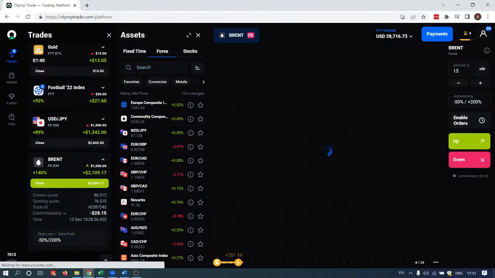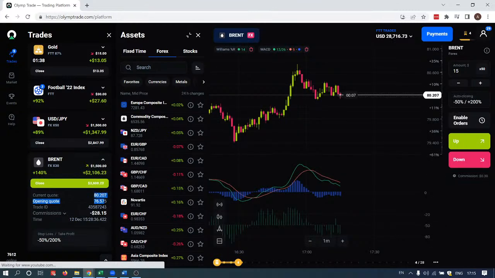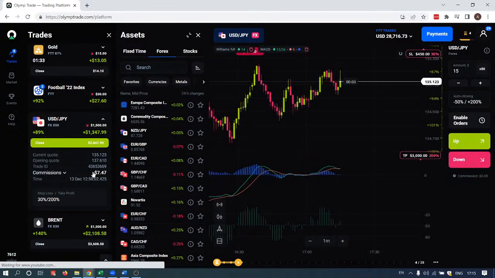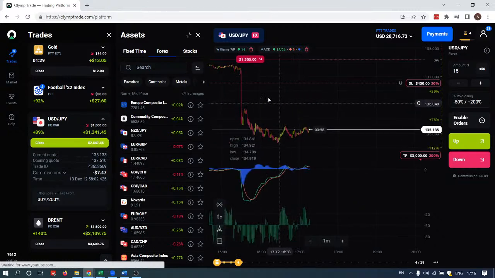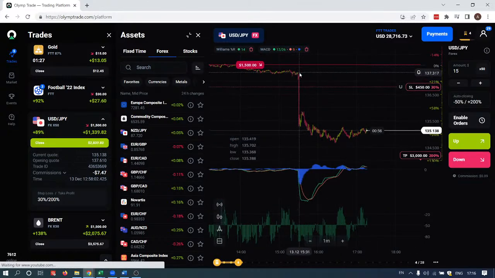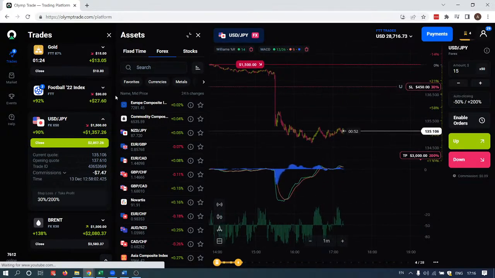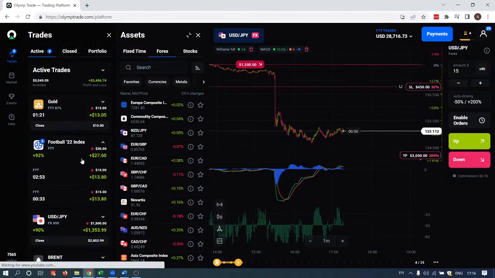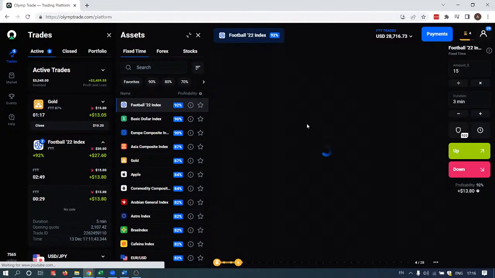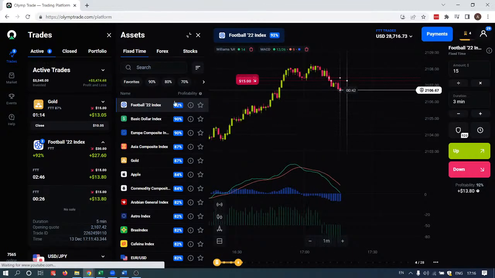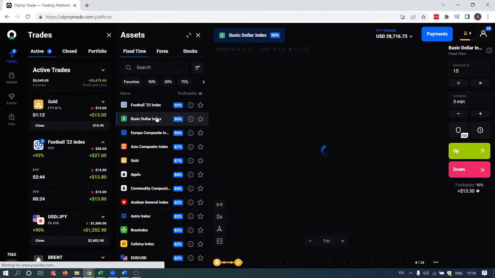One is on Brent, so I'm already making plus $4 in this position, and a trade that I opened this morning, a USD JPY trade. I shorted this asset because that was like a double top, a very technical formation, and now I'm making this profit. It's unrealized profit. If you want to transfer this profit to your account, you need to close the trade.